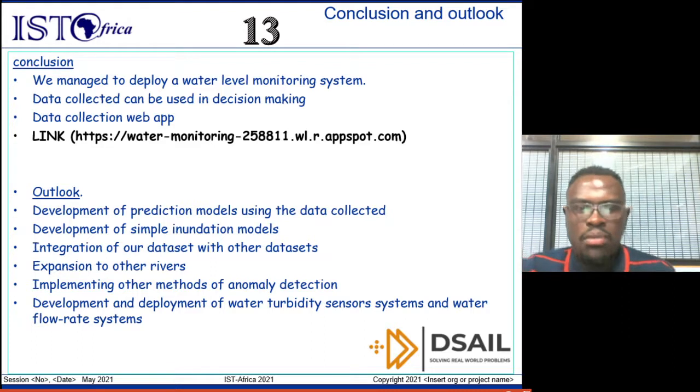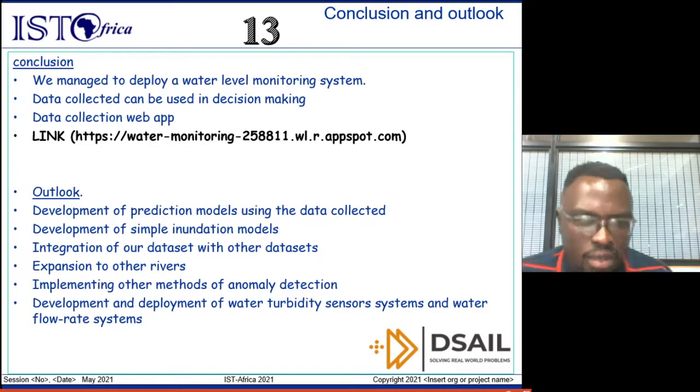Also implementation of other methods of anomaly detection. I think I went through a couple of them in one of the slides. So we aim to implement other methods of anomaly detection, and maybe compare the results with the methods that we have already implemented. Also development of the water turbidity sensor systems and the water flow rate sensor systems.